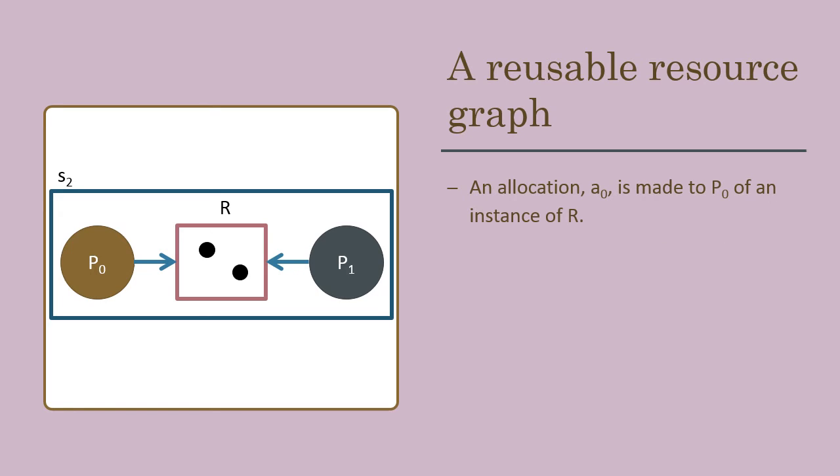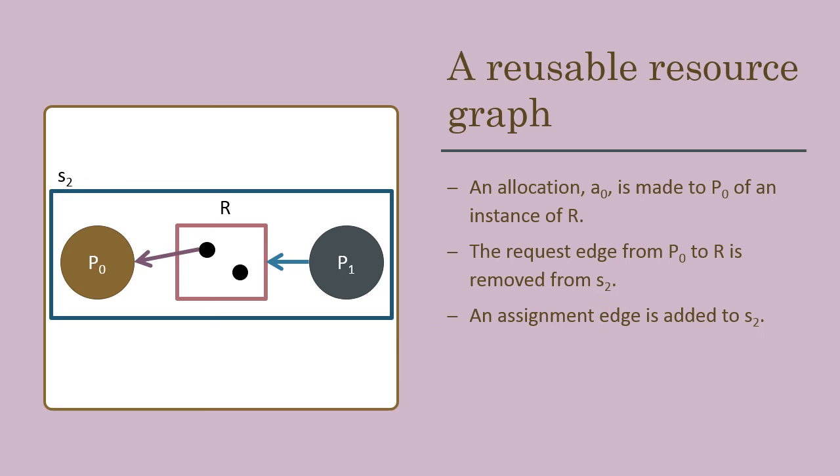An allocation A0 is made to P0 of an instance of R. The request edge from P0 to R is removed from S2. An assignment edge is added to S2. The state of the system is S3.